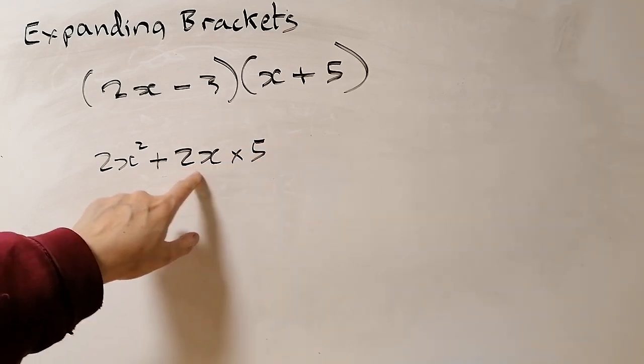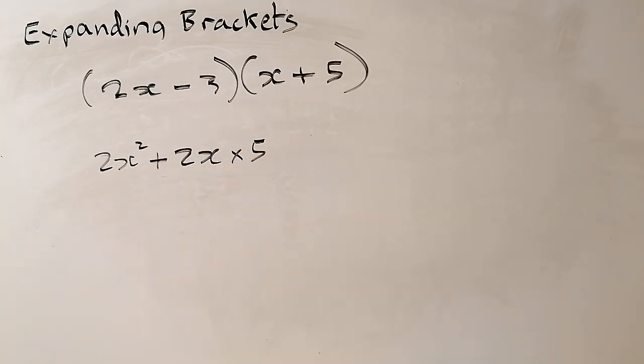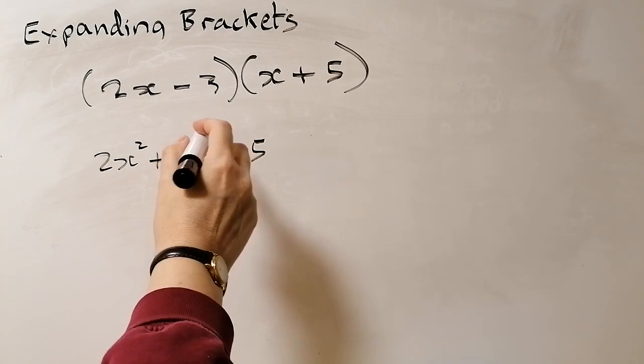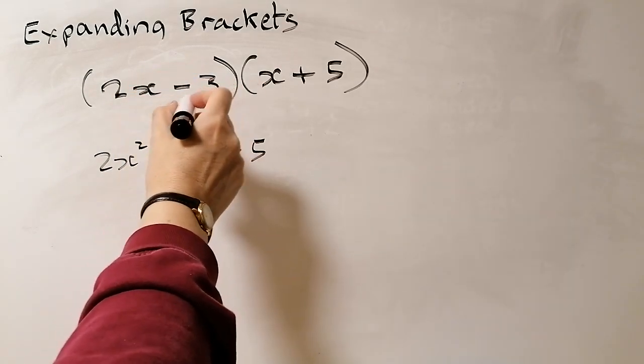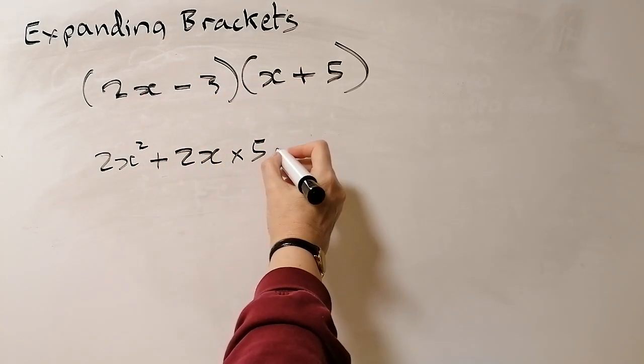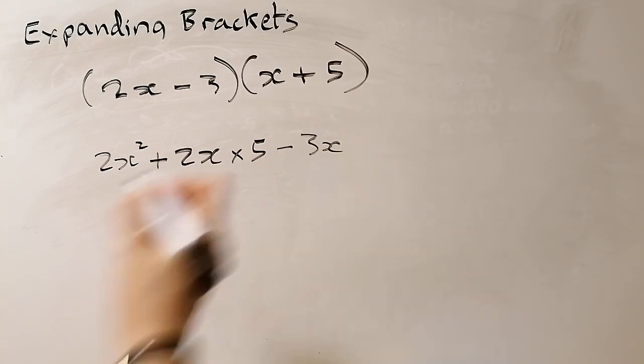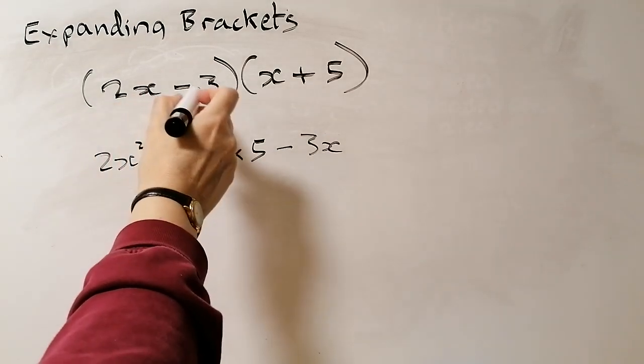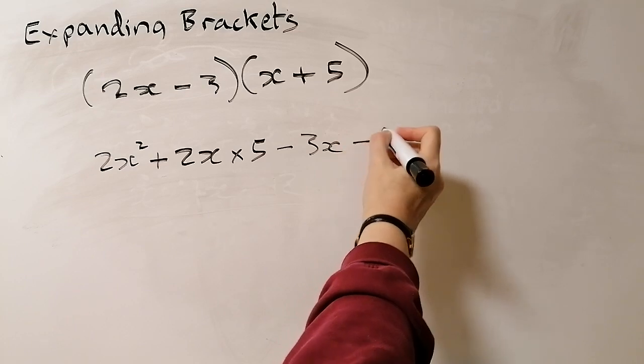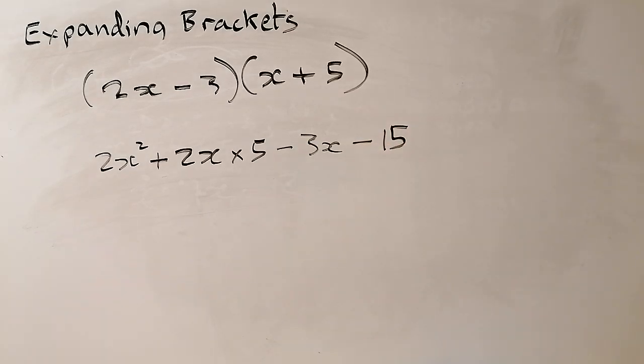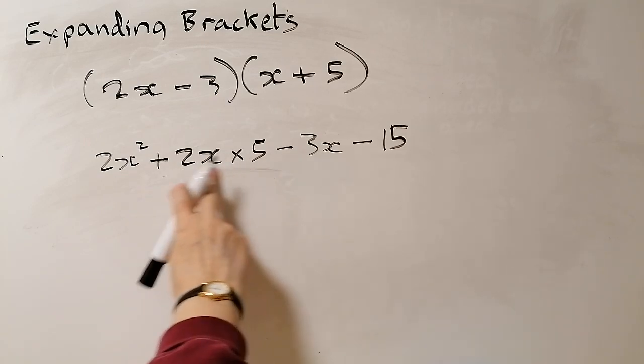Notice the difference between the x and the multiplication sign. And then we'll come back to that in a minute. And then we'll take this and say minus 3 times x, so that's minus 3x. And finally, minus 3 times plus 5 gives us minus 15. So let's just write this out again, the whole equation.